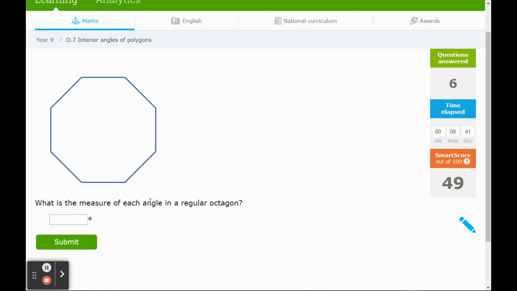All right, so for this one here, what is the measure of each angle in a regular octagon? The first thing I would do is take the corner and divide the octagon into as many triangles as possible. Now, octagon stands for 8, like an octopus, 8 sides. And if I take each triangle, remember it's 180 degrees.